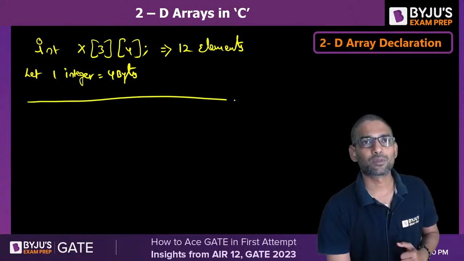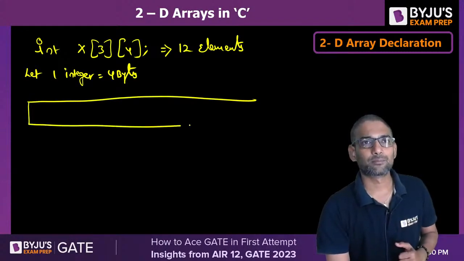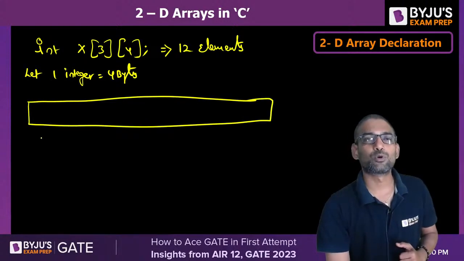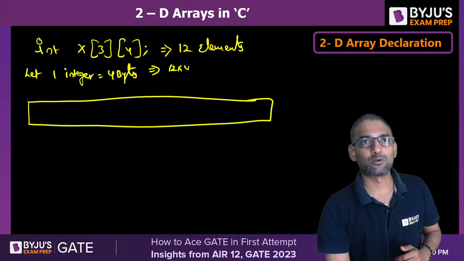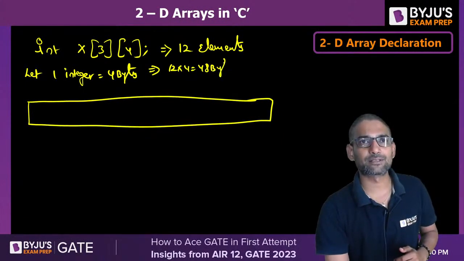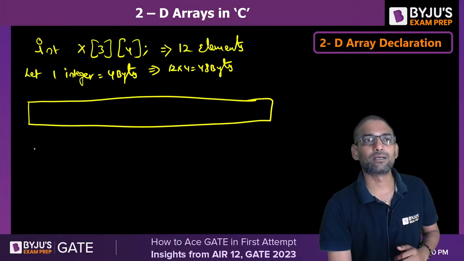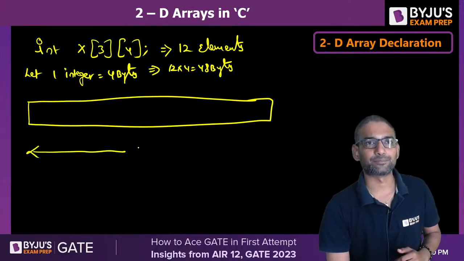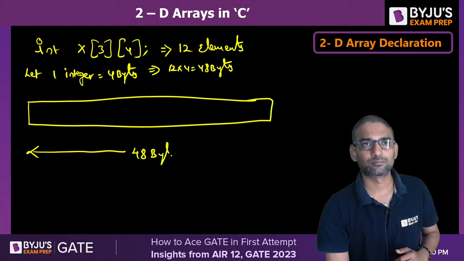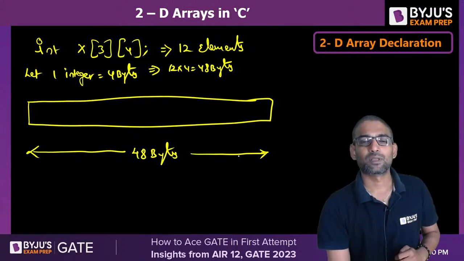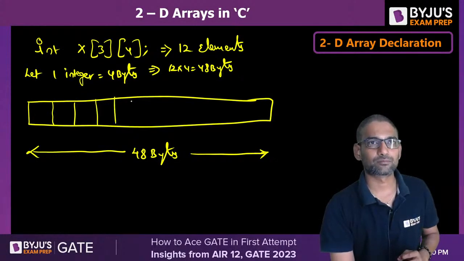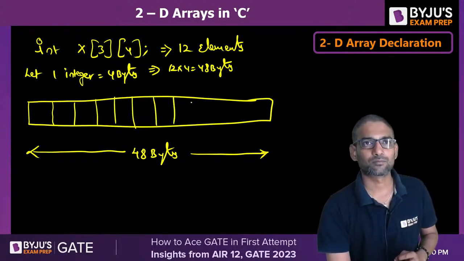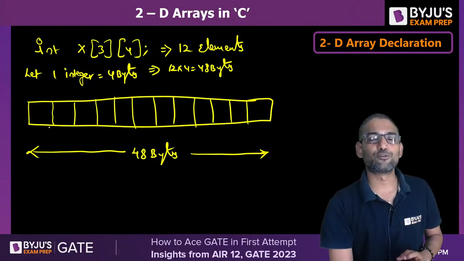So total 48 bytes. 12 into 4, 48 bytes space gets allocated at consecutive location. Internally, it is divided into 12 parts of 4 bytes.